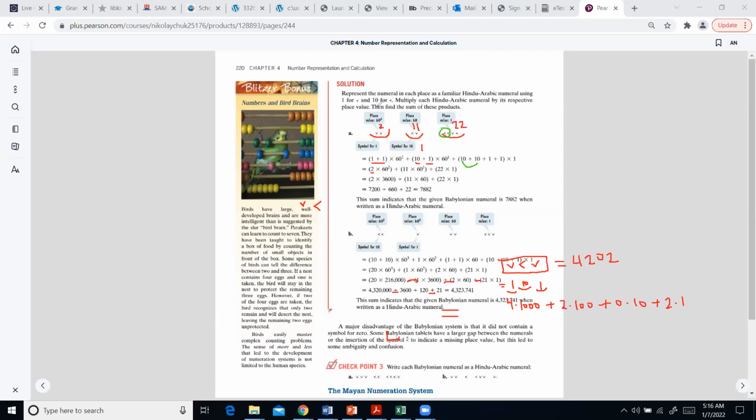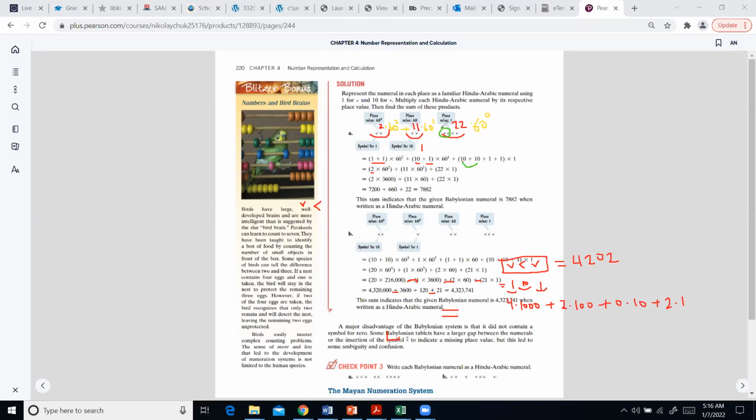And then when you take each of these and multiply by powers of 60, we're going to deal with 60 to the power of 0. That's our last digit. This is going to be 60 to the first power, right? 60 raised to the power of 1. And the first will be dealing with the next power of 60, which is 60 squared.